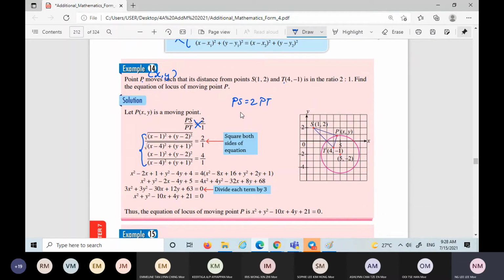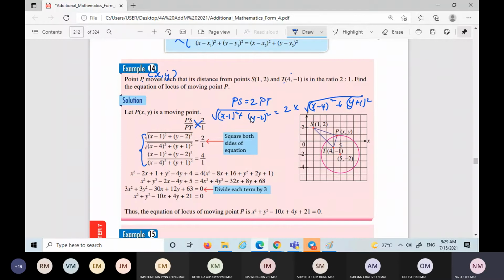Same thing, P and S, write using the formula of the distance between 2 points. So square root of x minus 1 squared plus y minus 2 squared equals 2 times PT, so P and T, x minus 4 squared plus y minus negative 1, so plus 1 squared.